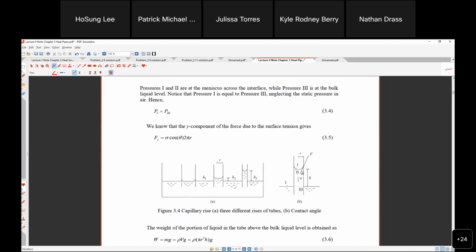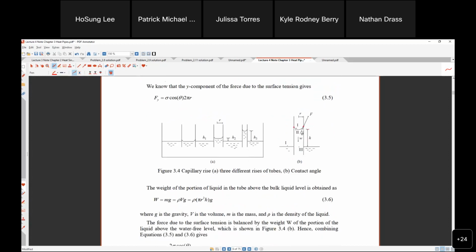Capillary rise, different size, large and small. Then there is something height changes. You know that capillary. Why capillary effect? Because tension. Look at the tension. Surface tension draws. So the weight and the tension are balanced. The smaller, the higher. That's the capillary.